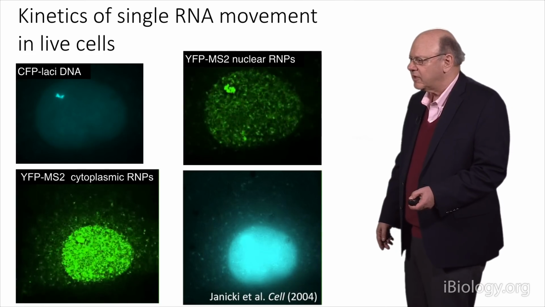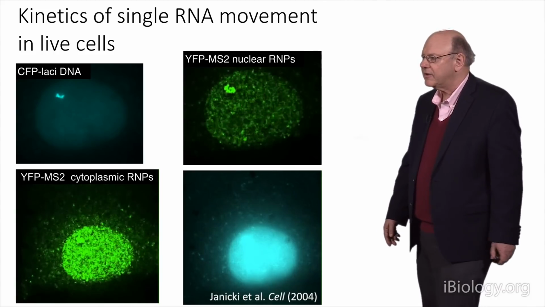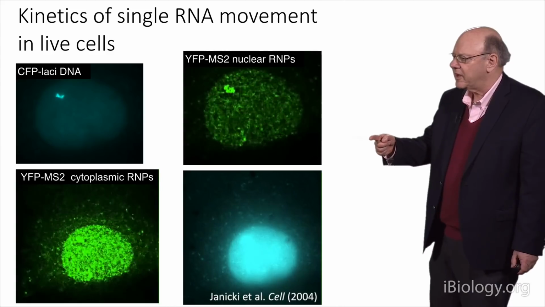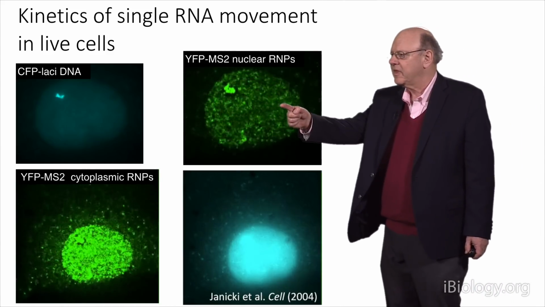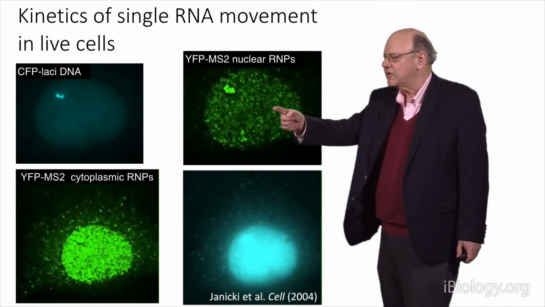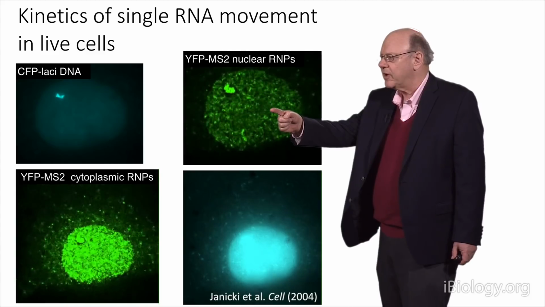Okay, so one can look at this as well in mammalian cells, and you can see here that we've inserted a gene in the nucleus into the DNA, and this gene is amplified many times, so it gives a very bright locus.